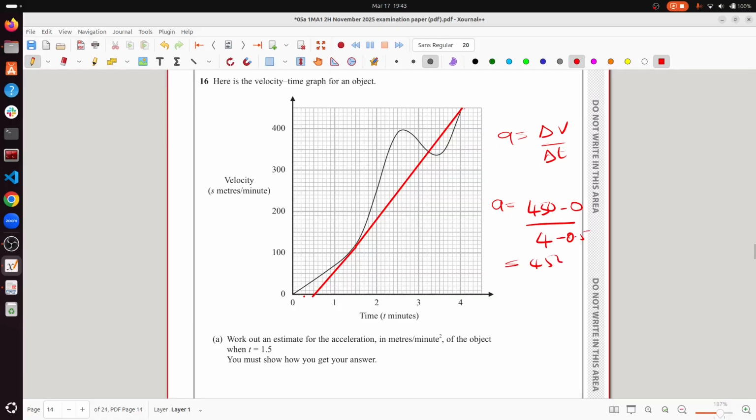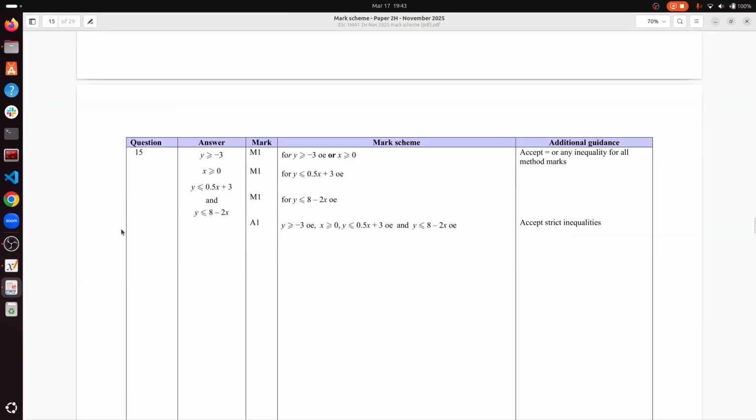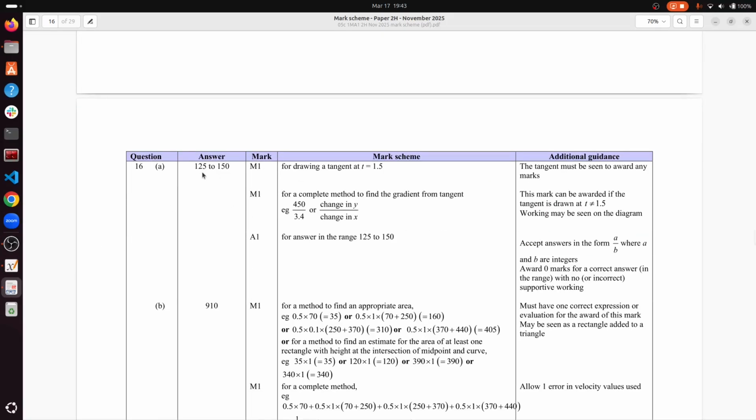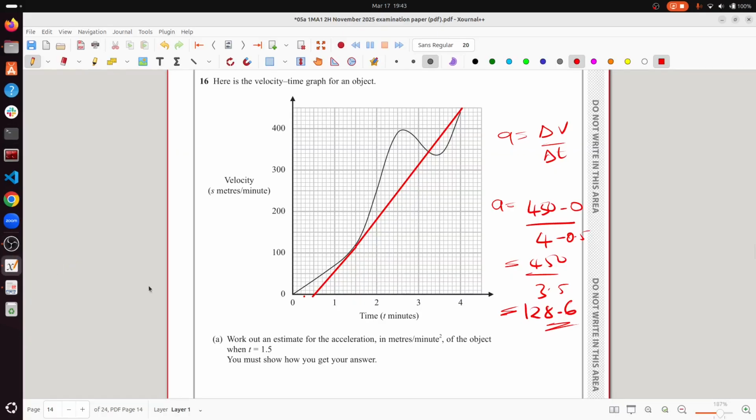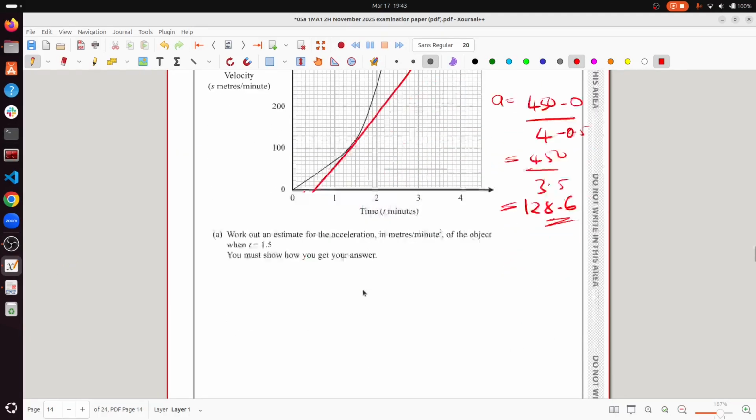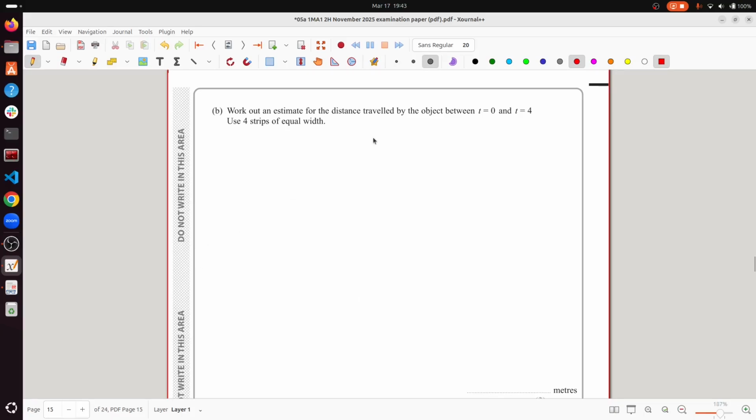And that is 450 over 3.5, which is 128.6. It's going to be an estimate, so they're going to give you a range of values. So anything between 125 and 150, we got 128.6, so that's correct.